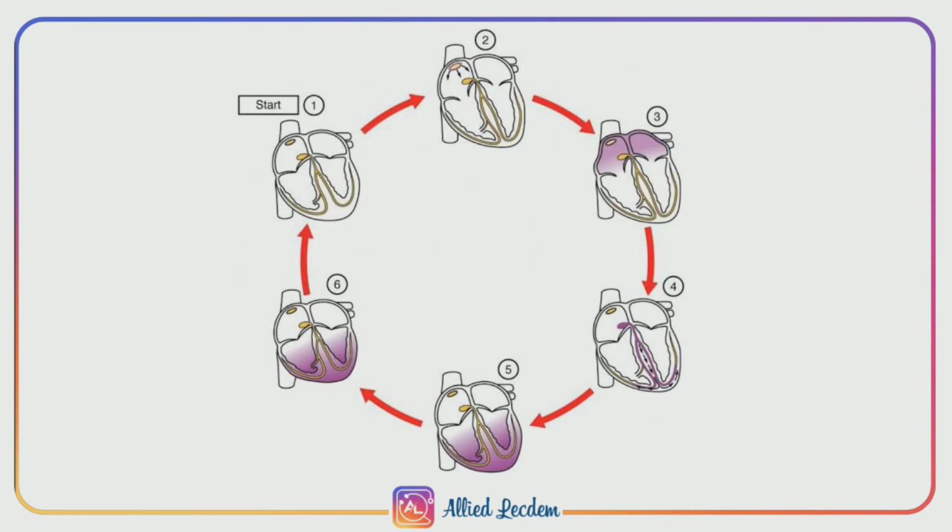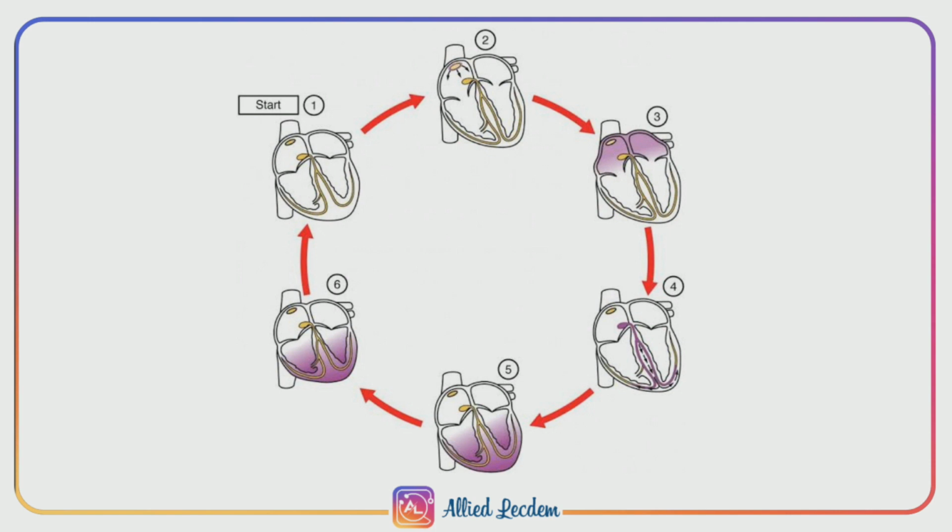In the first diagram, we can see the impulse originates from the SA node. Coming to the second one, the action potentials are conducted from the SA node to the atrial muscles. In 3, the action potential spreads through the atria and reaches the AV node, where the conduction slows down.